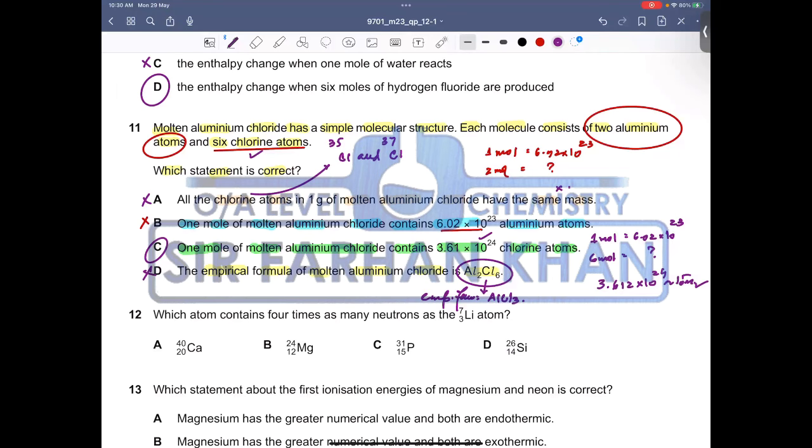If this is the molecular formula, if I half it, I'll get the empirical formula, AlCl3, that is aluminum chloride. So obviously this is not going to be the empirical formula, which is why D is also incorrect.